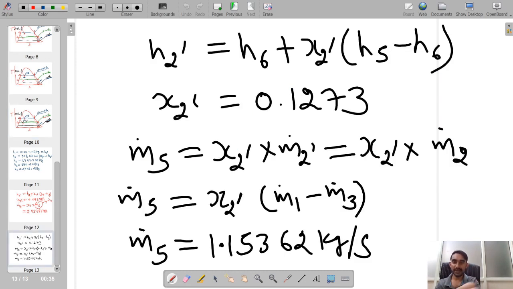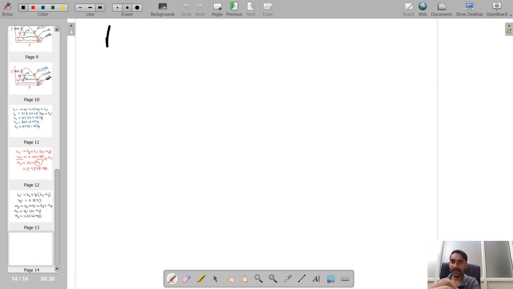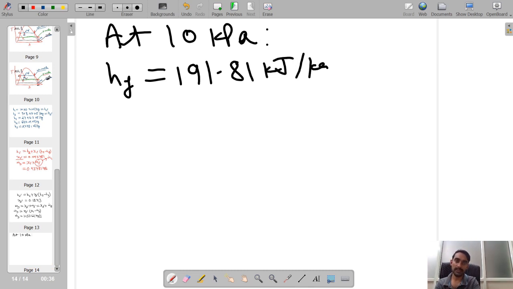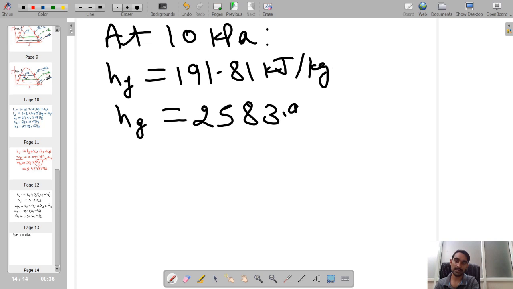So let me write this formulation. At 10 kilopascals, Hf is nothing but 191.81 kilojoule per kg, and similarly Hg is 2583.9 kilojoule per kg.